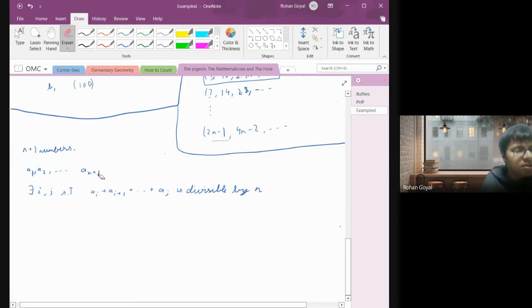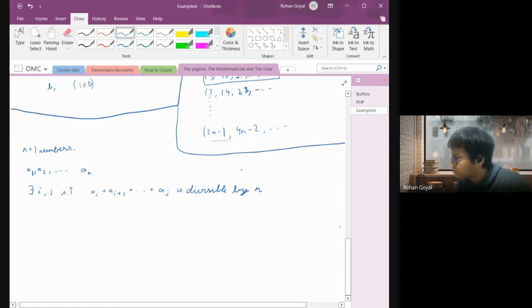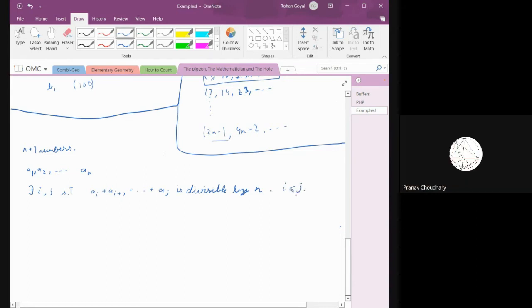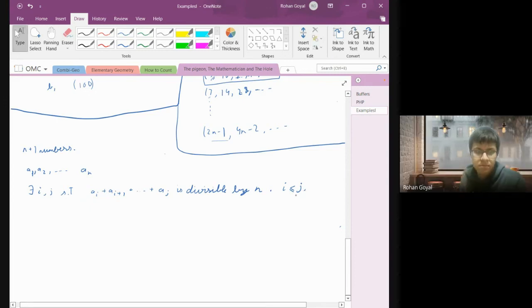Is it necessary n plus 1? I don't think so. Okay. There exist i and j such that, okay, i less than or equal to j. There are n plus 1 numbers, so it would go up to n plus 1, right?